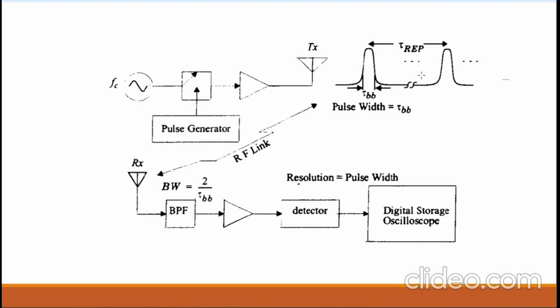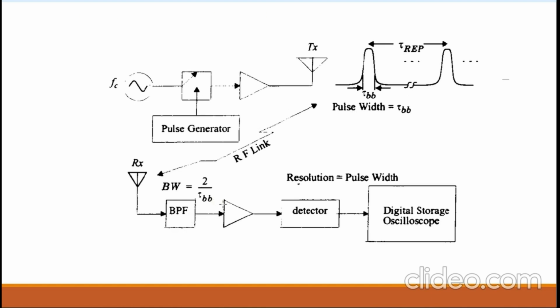This pulse is transmitted, and after a short distance a receiver is placed. Upon receiving the signal, it is first passed through a band pass filter having a bandwidth of 2 by tau BB. It allows only the required frequency, and the upper and lower cutoff ranges are decided by the nature of the signal and the frequency of the transmitted pulse.